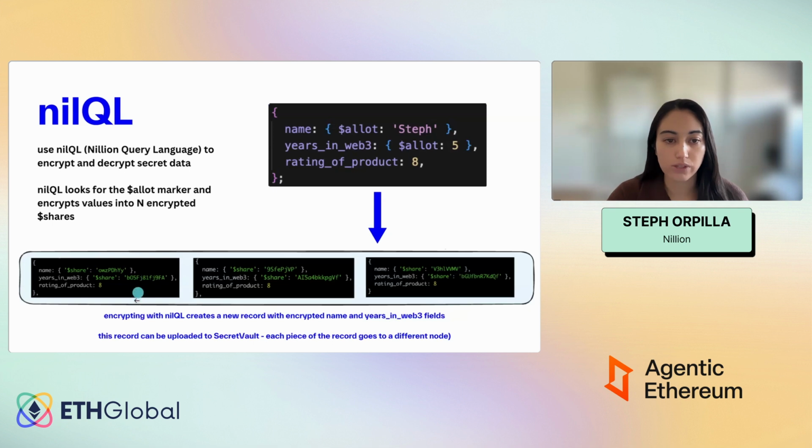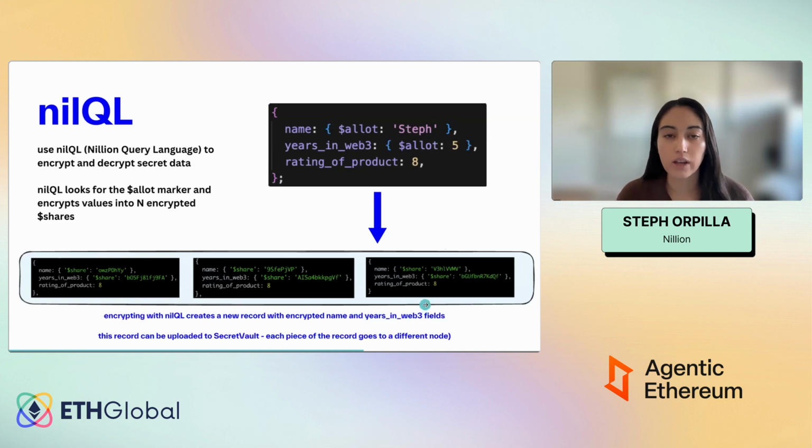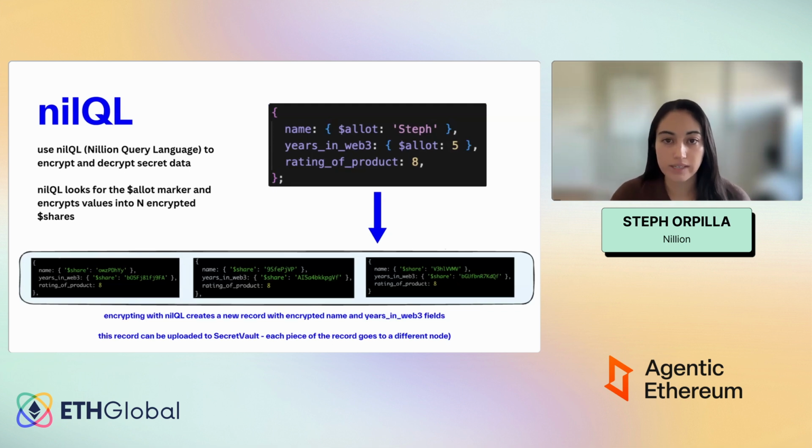So the first node will receive this payload with different shares than the second node, with different shares than the third node. So if someone were to crack the security of one node, they would still have no idea what the name or the number of years in Web3 would be for this record because it's encrypted with a share, and the share is completely meaningless.